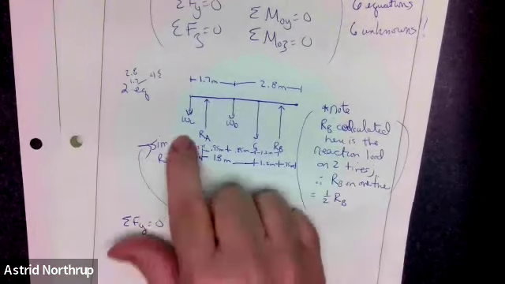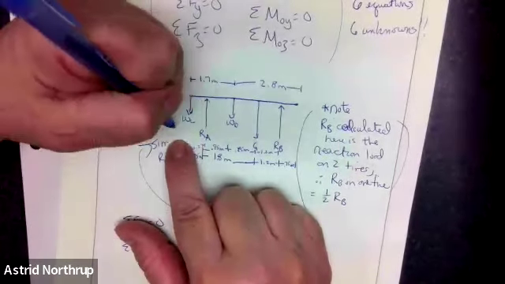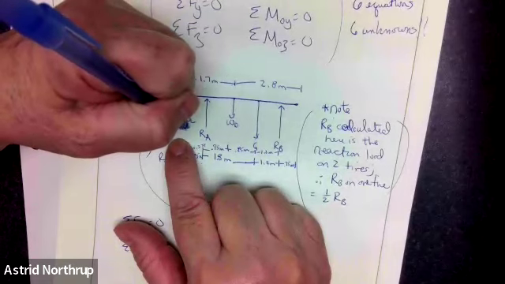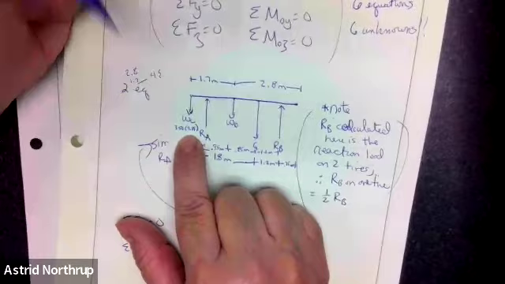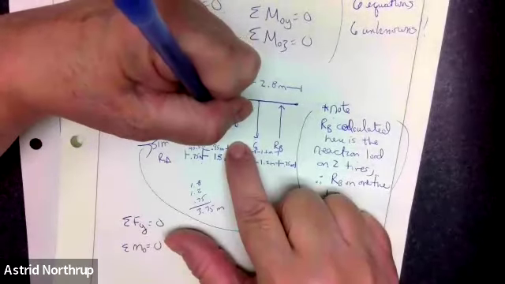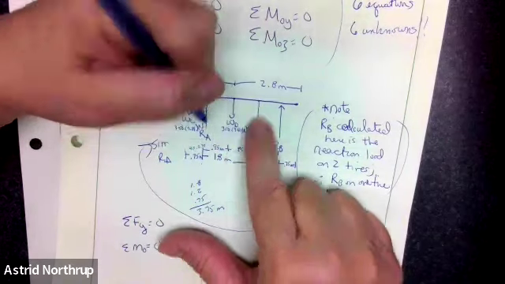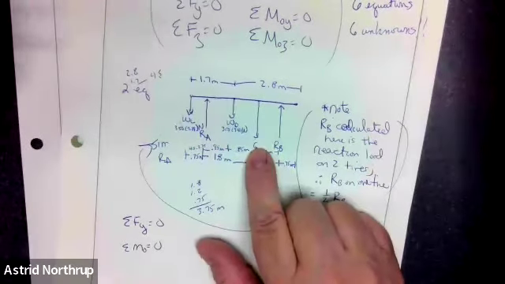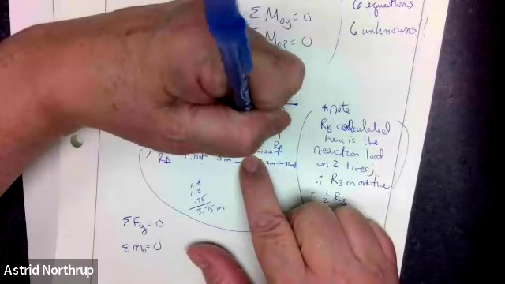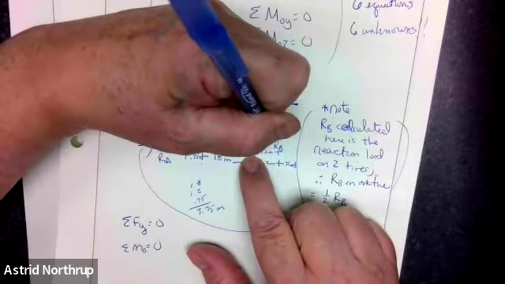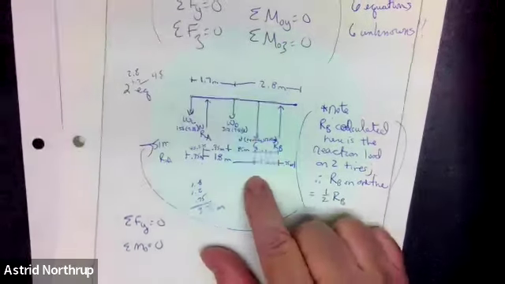So I know the weight of the crate, which is 350 kilograms times 9.81 to get it into newtons. Similarly, the mass of the truck is 1,400 kilograms, so if I multiply that by 9.81, that would be however many newtons it is.